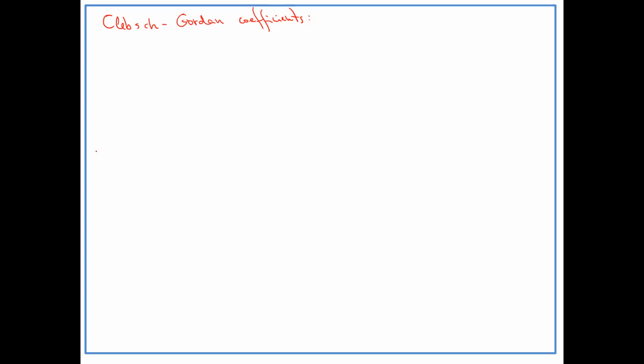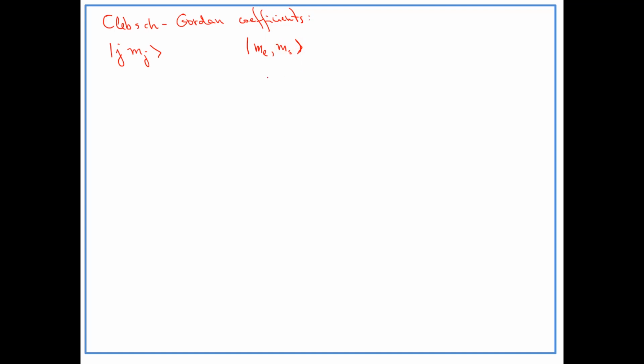I want to write a certain J, MJ state as a linear combination of ML, MS states.